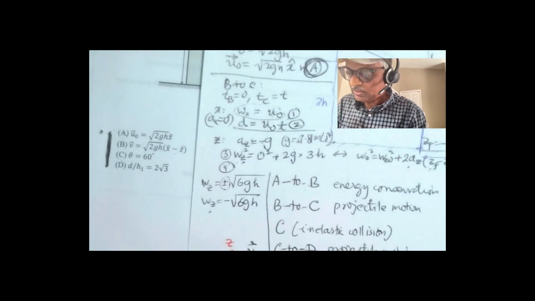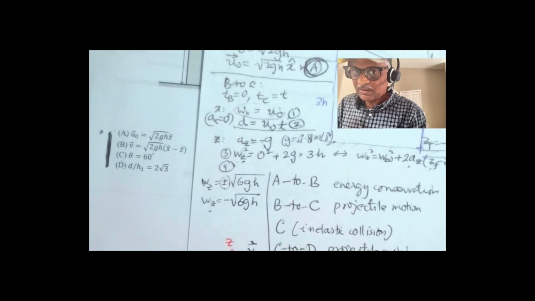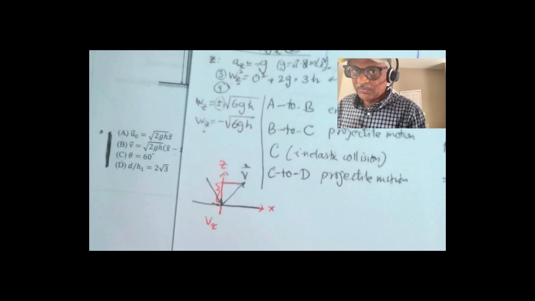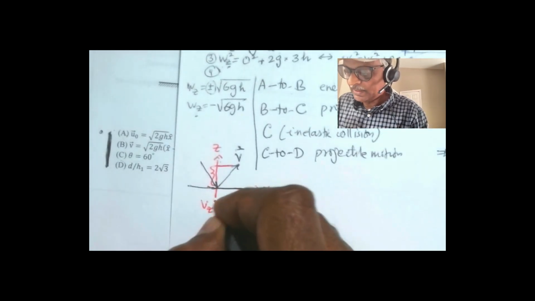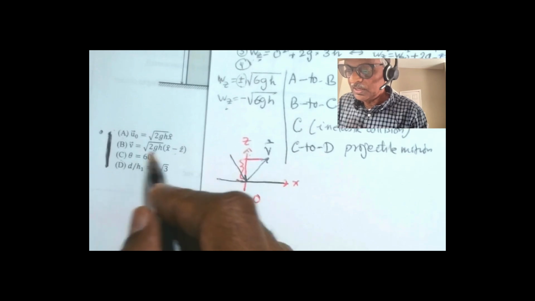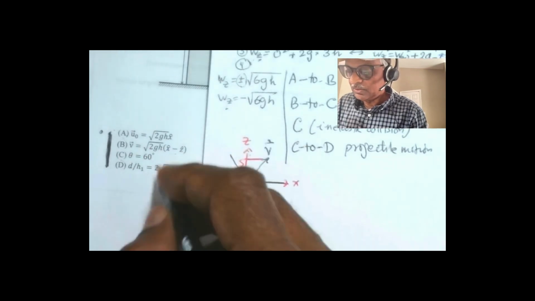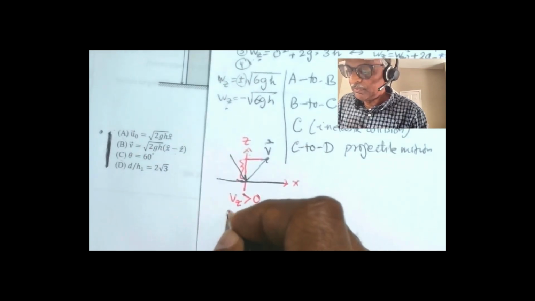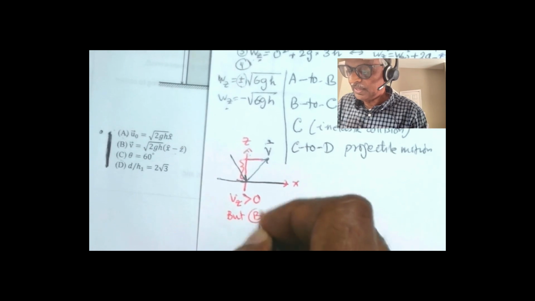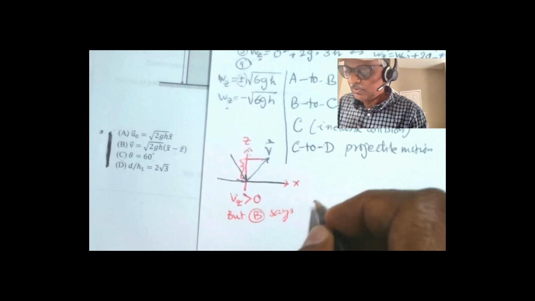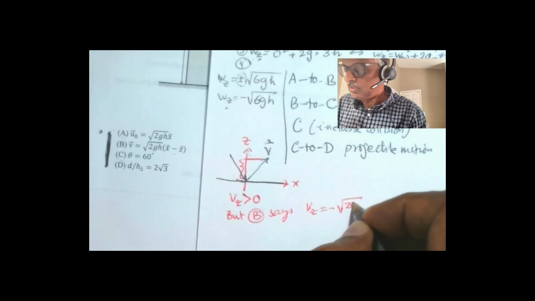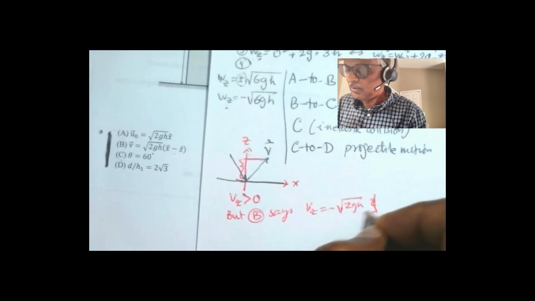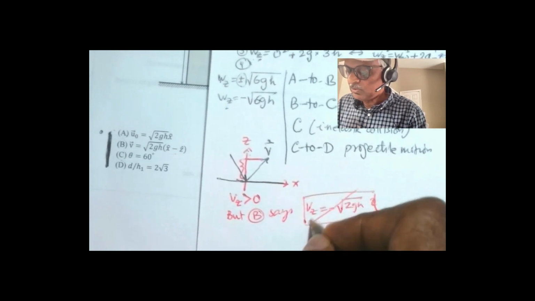So the projection is v sub z. I expect v sub z to be greater than 0, but B says v sub z is minus square root of 2gh, which has to be wrong.